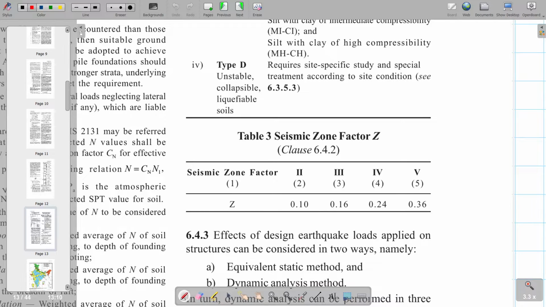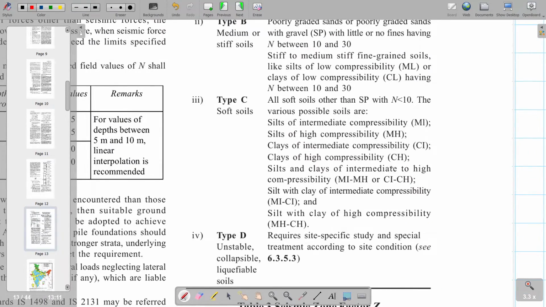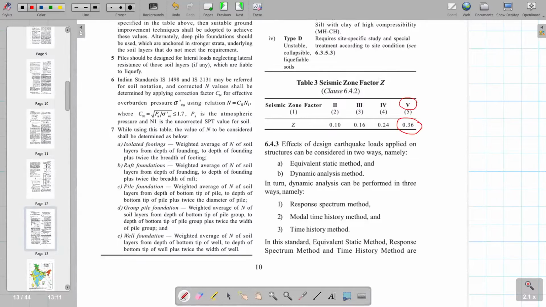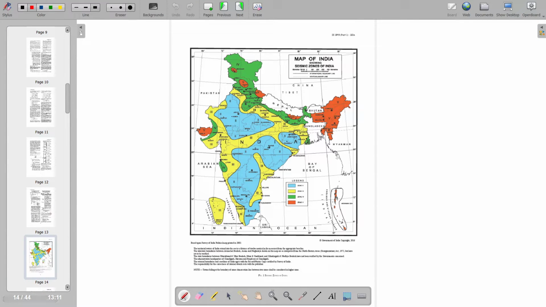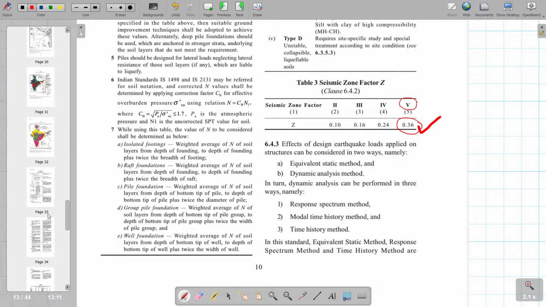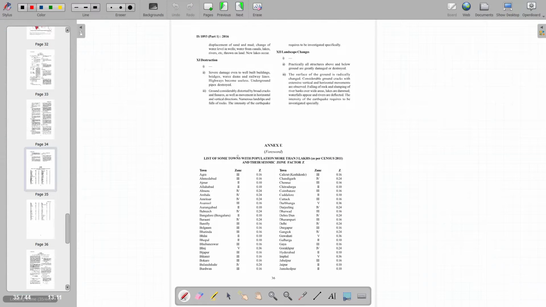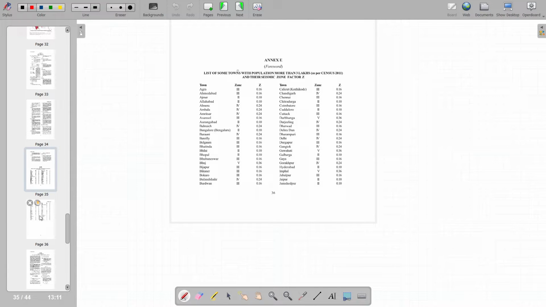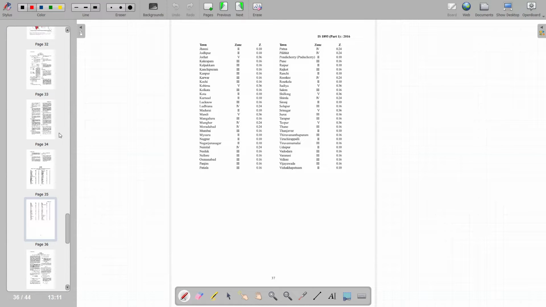In table number 3, you can see zone factor. So in our case, zone is 5. So zone factor we have to consider is 0.36. Okay, first of all I will explain everything and then I will write. Or you can see the map of India. Here you will come to know the zone, and from that zone you can take the value of zone factor. Or you can go to the appendix also, where they have given some cities and their zone and zone factor. So these are the different ways you can get your zone factor.